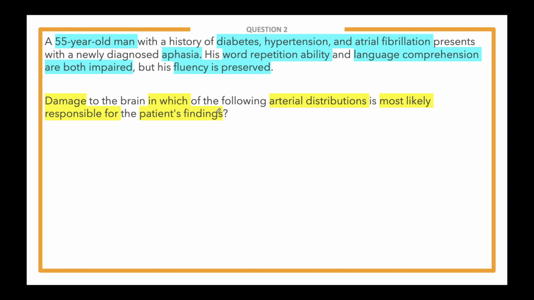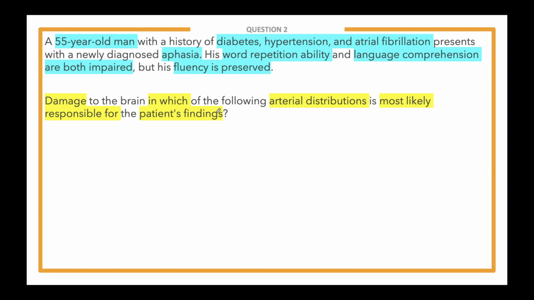And then they tell us he's got aphasia, and then they get into more specifics, and they're probably trying to get us to figure out what kind of aphasia based off those things, okay? So then they ask us in the lead-in, specifically, damage to what arterial distribution is likely based on those findings, okay?